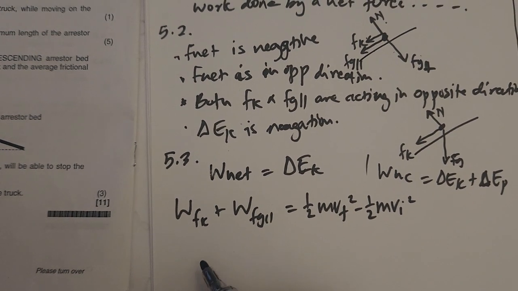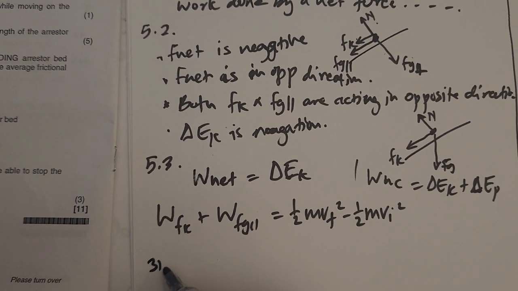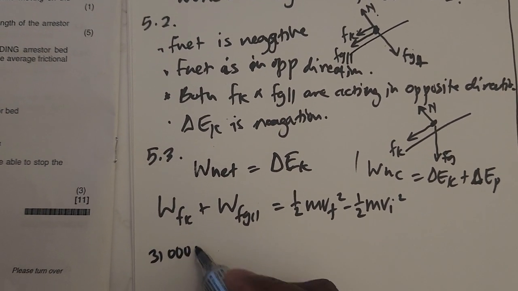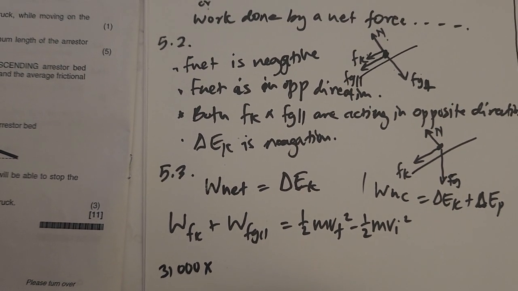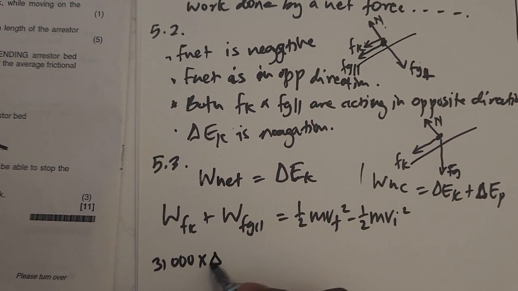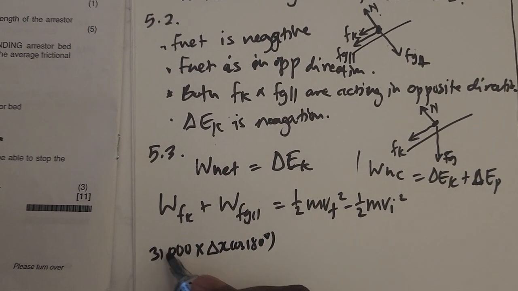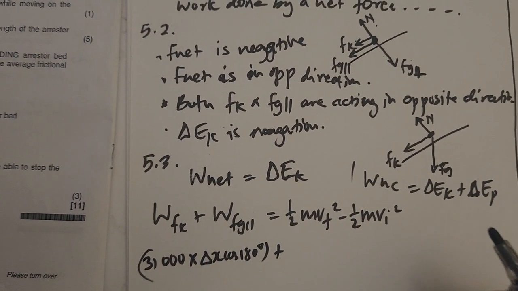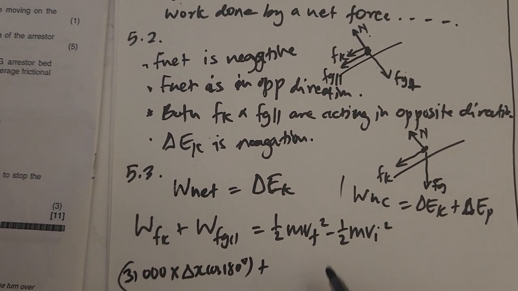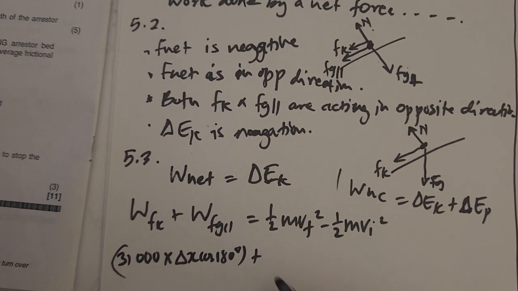Fine. Friction is given. According to the statement, it is 31,000 multiplied by delta x, the one that we are calculating, then cosine of 180 degrees, plus the work done by the horizontal, the parallel component of the weight.